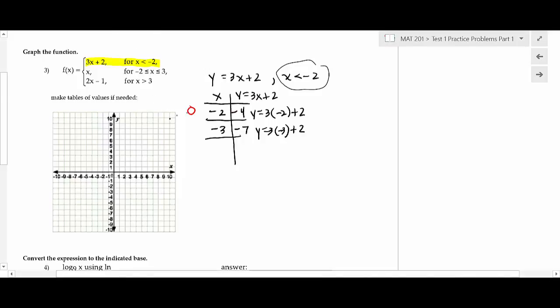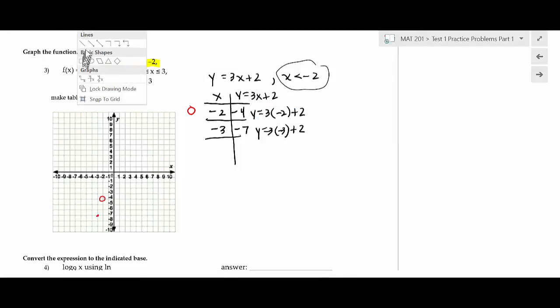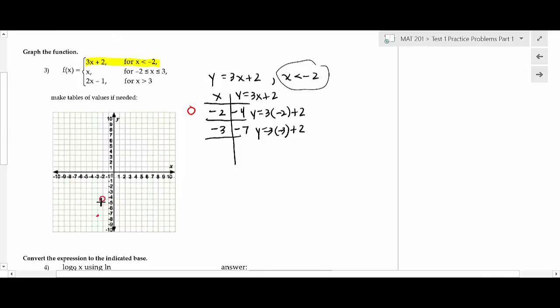We're going to start by putting a bubble on negative 2, negative 4, and then we have a point negative 3, negative 7 that I can highlight there, and then I can sketch in that line that goes from those 2 points like that, and that'll give me the first piece of the graph. Okay, so that takes care of that. Okay, so that's piece number 1.